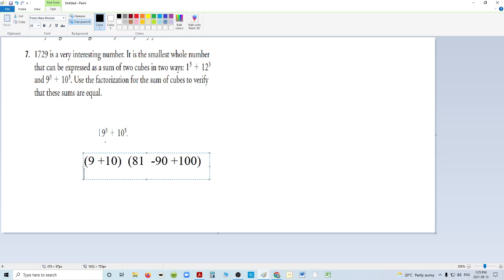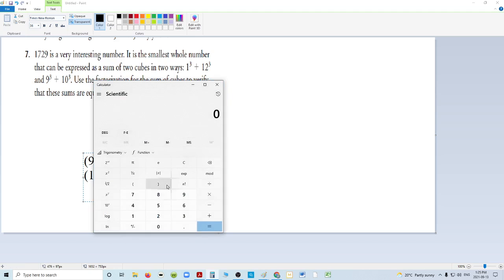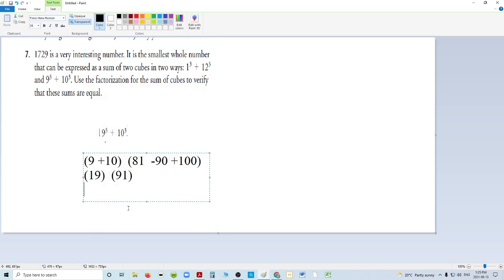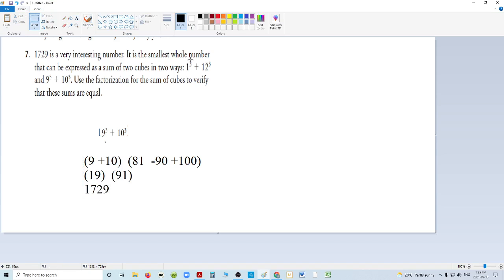If I add up the first two terms, I get 19, and 81 minus 90 plus 100 is plus 10, and 81 plus 10 is 91. All I need to know now is what is 19 times 91. Lo and behold, it's exactly what they say it is. It's 1729.